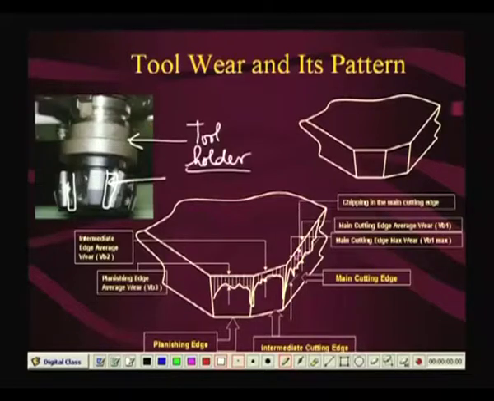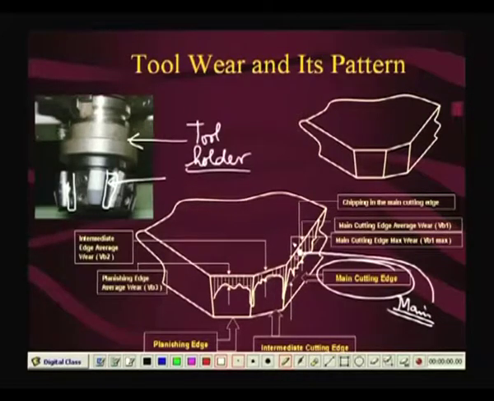These are the parts which actually rub against the metal, and therefore they get worn. You can see that they are getting worn. The problem was to find the wear in this main cutting edge.